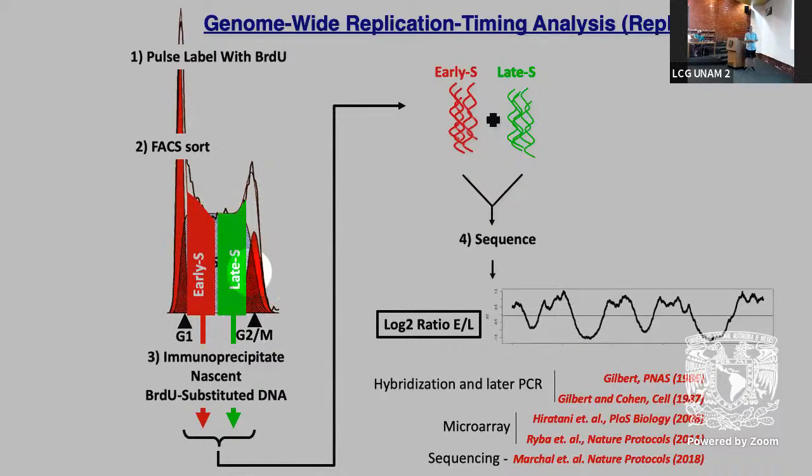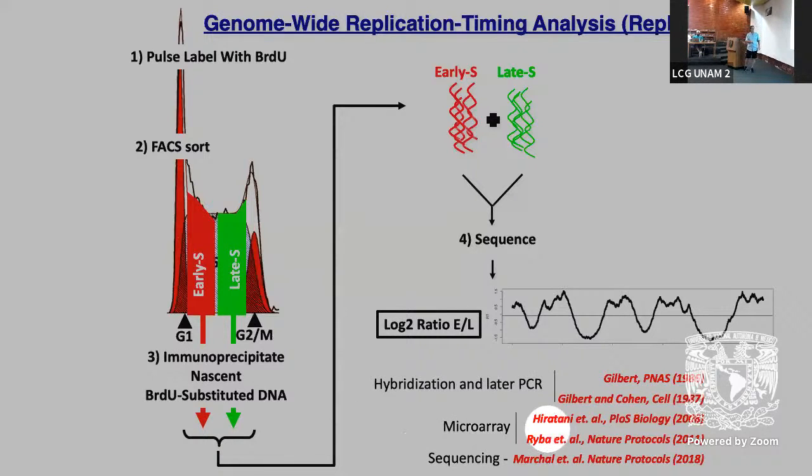I could then ask the sorter to sort out any number of times in S phase, but our most robust method, our simplest method, is we take the first half and the second half of S phase, isolate the DNA, immunoprecipitate the BrdU substituted DNA, and then in today's day and age, we sequence it. Of course, when I was a graduate student, we didn't even have PCR, so I was hybridizing. Later, we had PCR towards the end of my graduate school period.